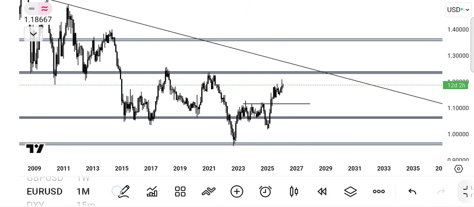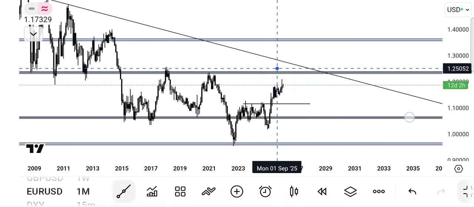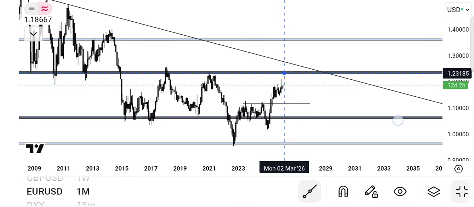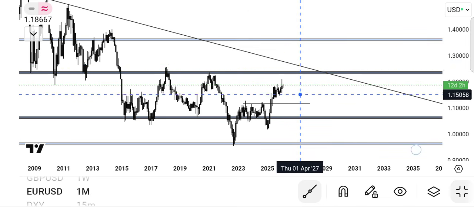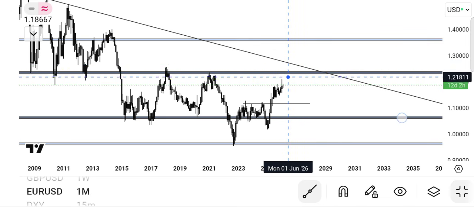So as you can see, I'll be expecting this to come to this zone. Maybe if it tries coming to this same point, this may stop it from going back to the upper side, then it may drop. I don't know, but for me now, I'm interested in this coming to this point here.